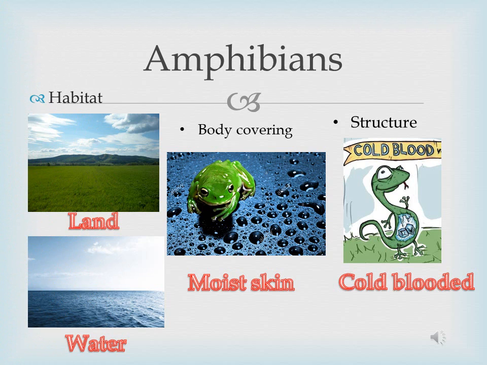The fourth group is amphibians, and they live on land or in water. In this case, their skin is not covered by anything, but most of the time it is moist. The characteristic of their structure is that they are cold-blooded.